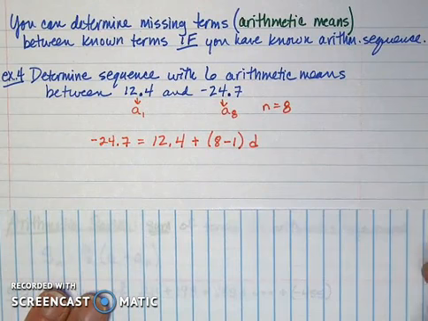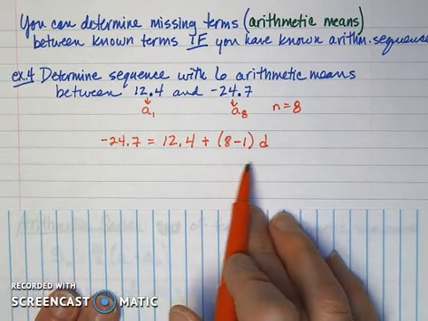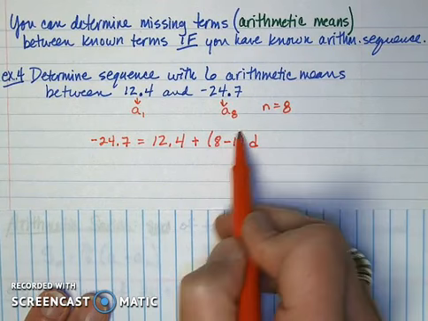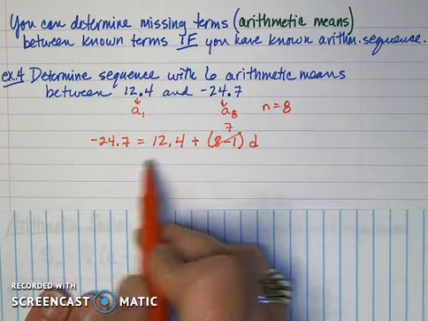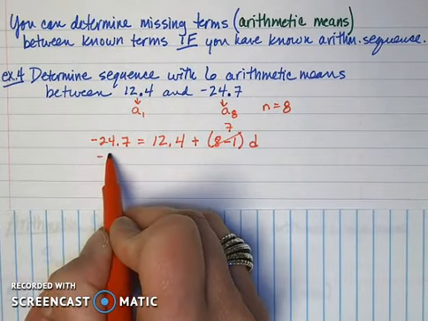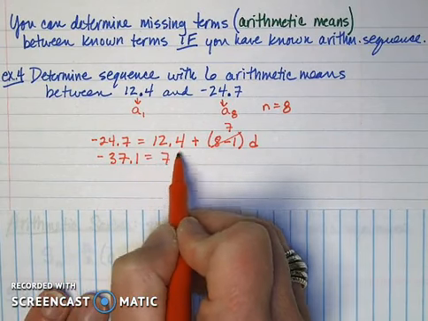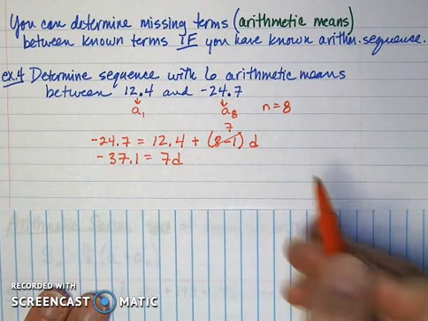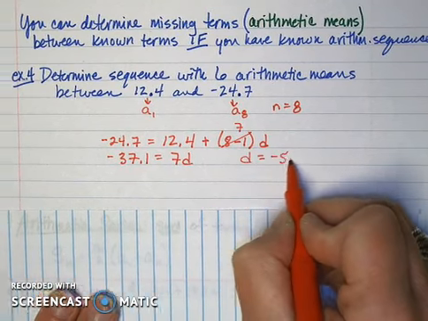So here again, you have 3 out of the 4 parts of the equation, and you can solve for the others. We know that that is 7. And so when you subtract that 12.4 to the other side, you'll get negative 37.1 is 7d, so that you know d equals negative 5.3.